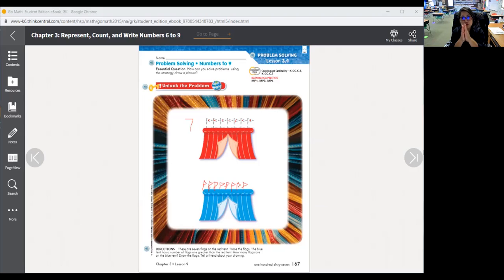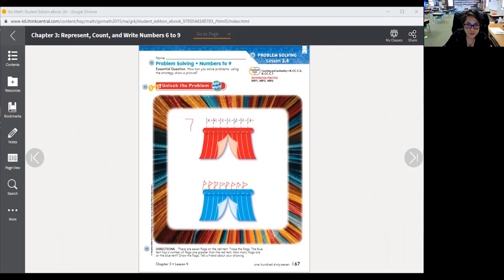Now we're going to use a strategy to match them to make sure that we have 1 greater, okay? So here's the flags up here on the red tent, and here's the ones that we drew to draw 1 greater. Now, we're going to match them to make sure that we have 1 greater, okay?